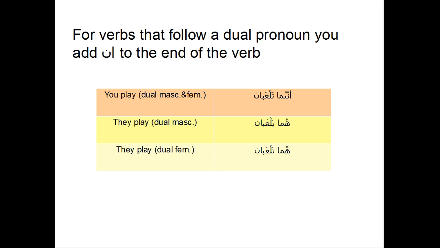So if you find ألف and noon at the end of the verb, you know that it must belong to a dual pronoun. أنتما تلعبان, you two are playing, for dual masculine and feminine. هما يلعبان, they play, dual masculine. هما تلعبان, they play, dual feminine.